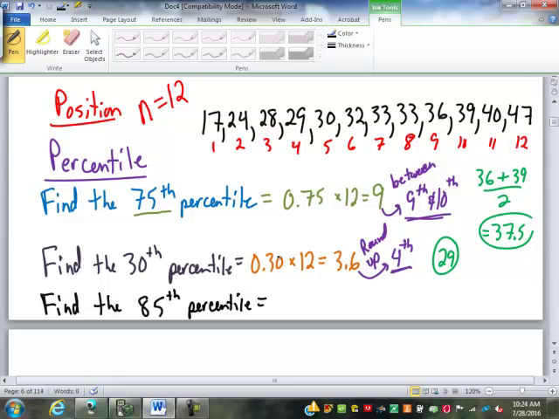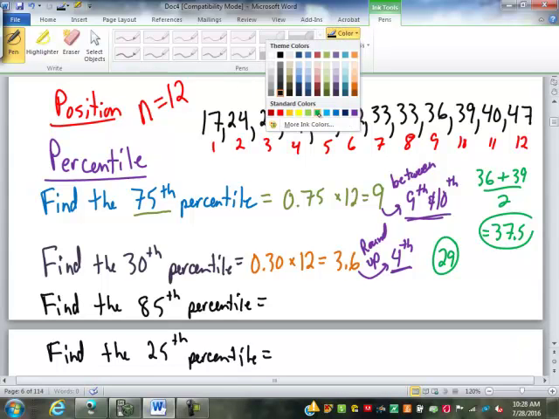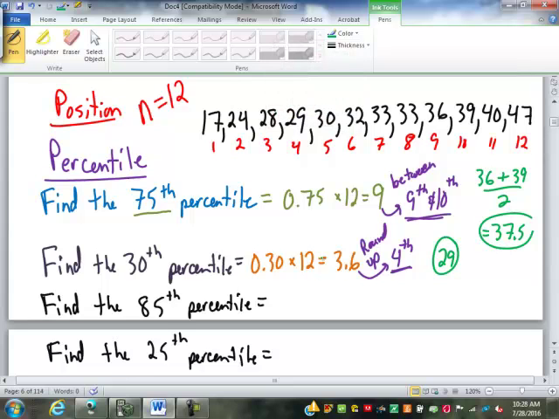In your notes, I want you to find the 85th percentile, and I want you to find the 25th percentile. So for the 85th percentile, how do we find the position? 0.85 times 12, which gives us what? 10.2.